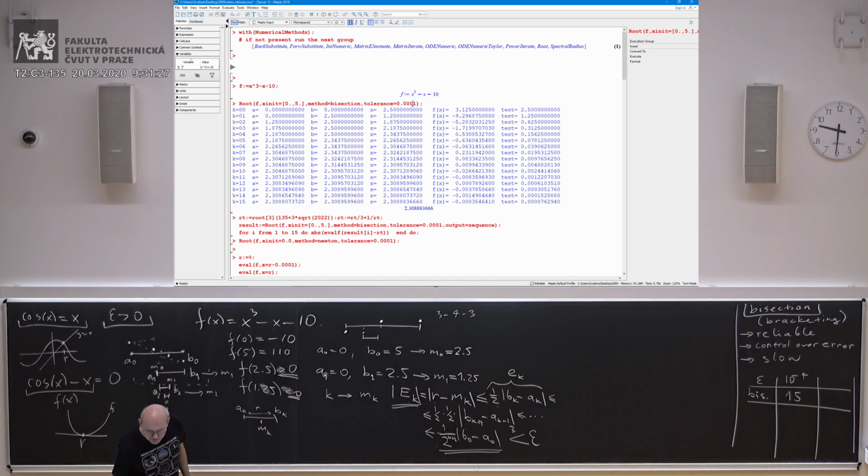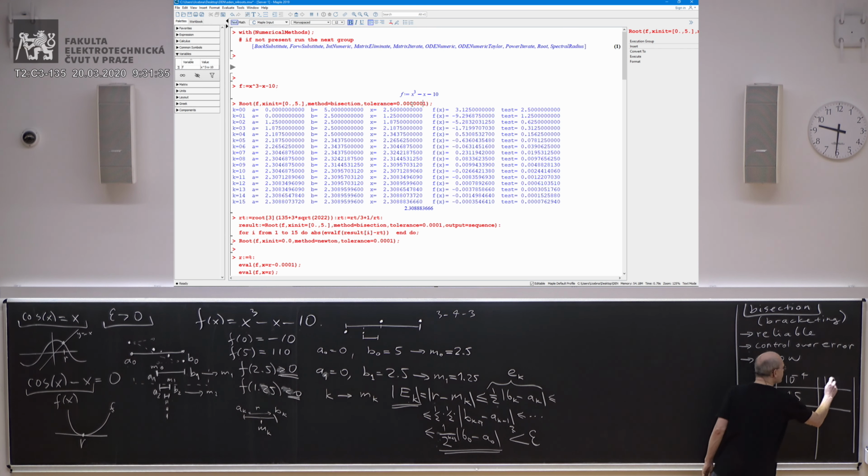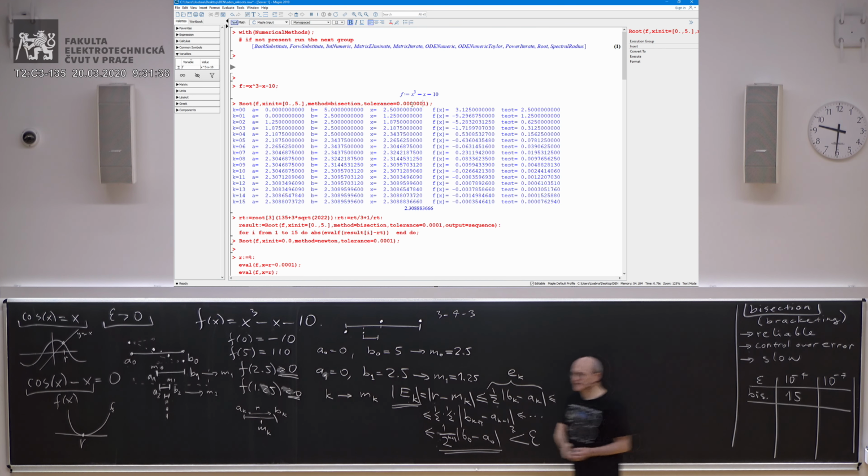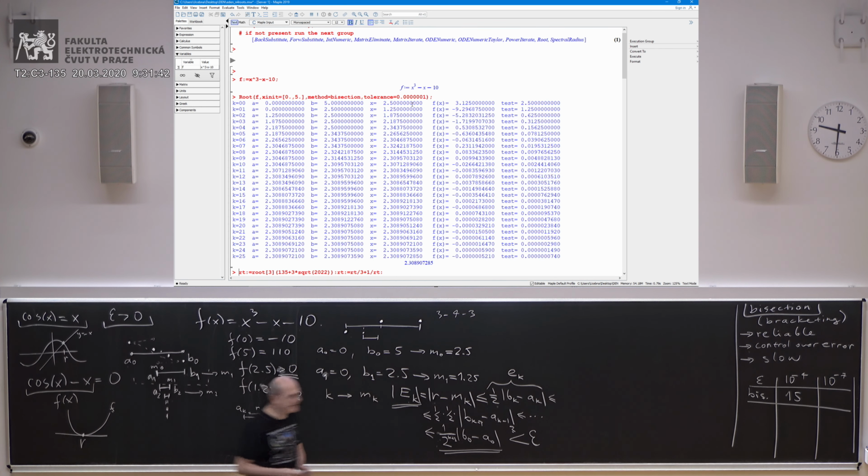Let me ask for better precision. 10 to negative 7. And let's run it again. This time it took 25 iterations. And let's have a look at it.